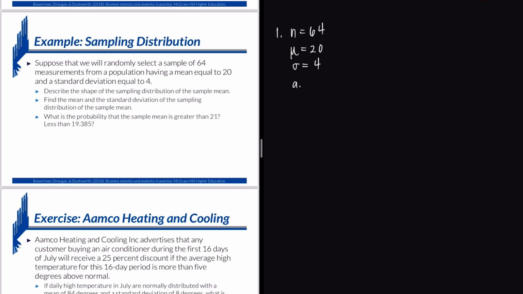In order to describe the shape of the sampling distribution of the sample mean, we first ask the distribution of the variable that is being described.